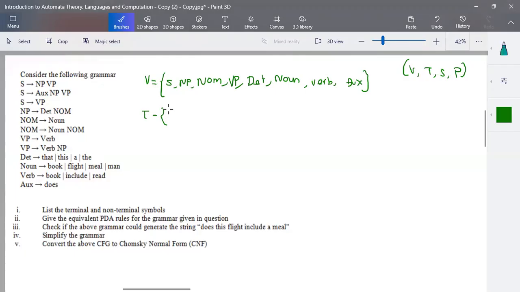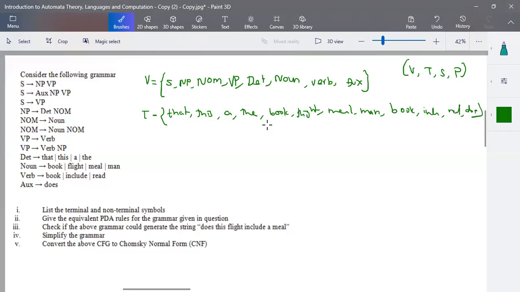These terminal symbols are the ones that come in your input. So the set of terminal symbols are that, this, the, book, flight, meal, man. You have book again, include, read, and does.